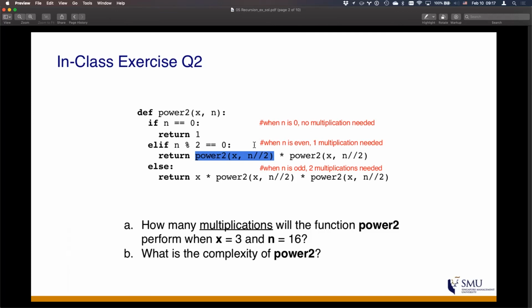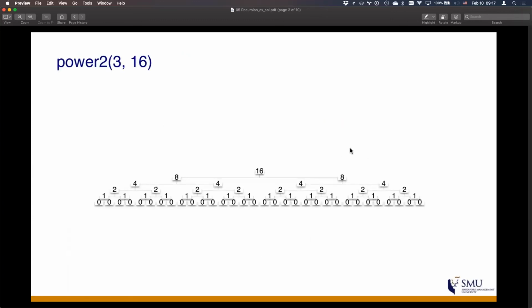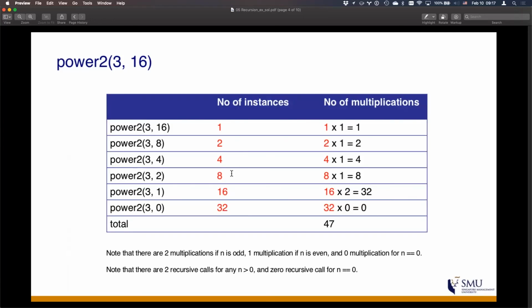We make the call one time, and that's enough. In terms of the number of instances, instead of the growth that we see over here, you have a single instance for each and every level of the n value. So that's how we can enjoy this reduction in log 2n, but we do not incur additional instances like what we have over here, where there are a lot of instances.